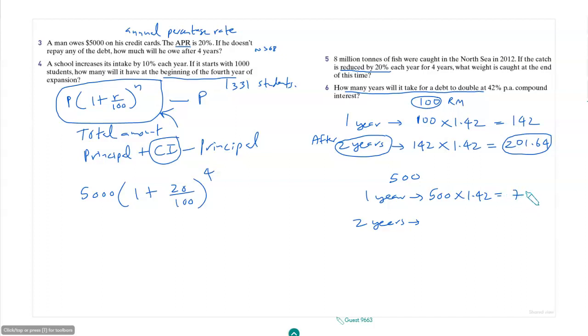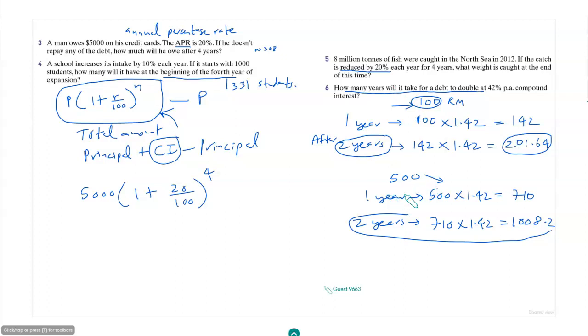After 2 years, 710 times 1.42. How much is that? 1008.2. So here also you see that after 2 years it becomes double, right? 500 becomes more than 1000. So it does not depend on what number you take as the principal. It's always the same answer. Okay.